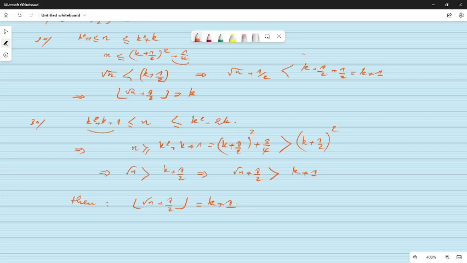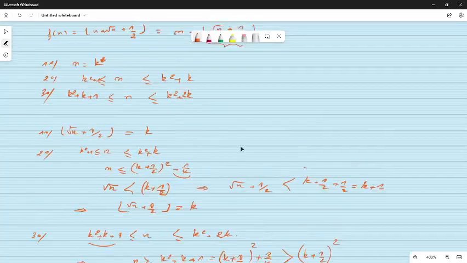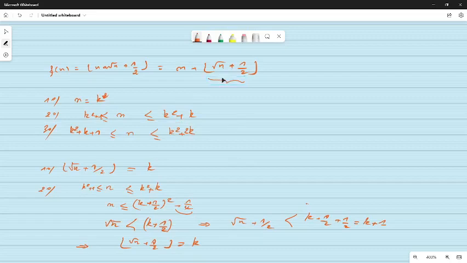And now we know when this quantity is equal to, in the first case, it is equal to n plus k, but k is exactly the floor, the integral part of square root of n.